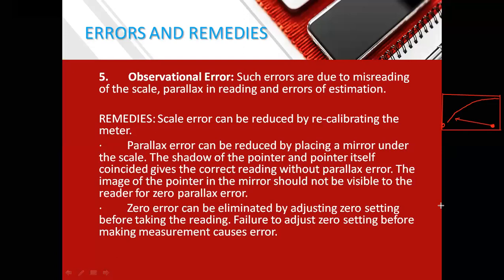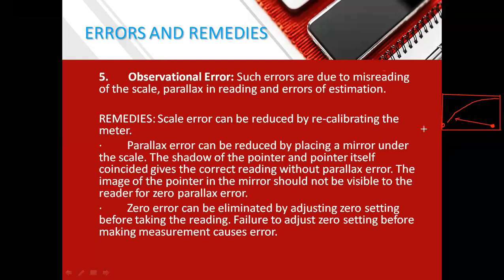Now, if you don't look at the 0 position of the pointer and then you just go on using it, then if you are trying to measure 4 ampere, instead of showing 4, it will be showing 5 or something more than 4. Why? Because it is not adjusted to 0 initially.